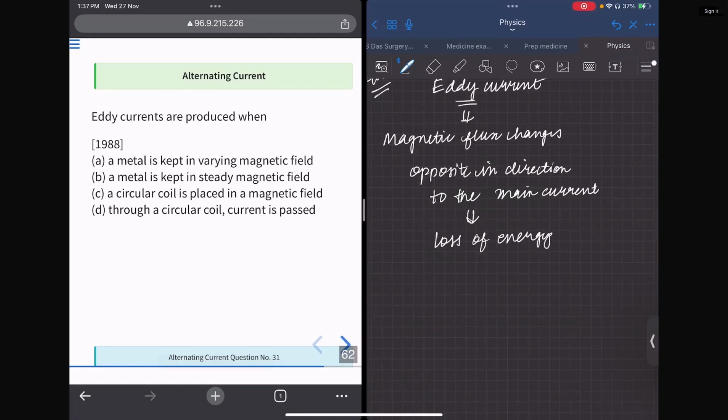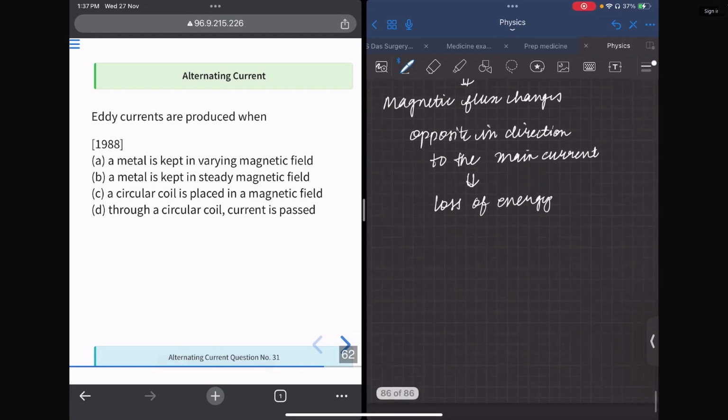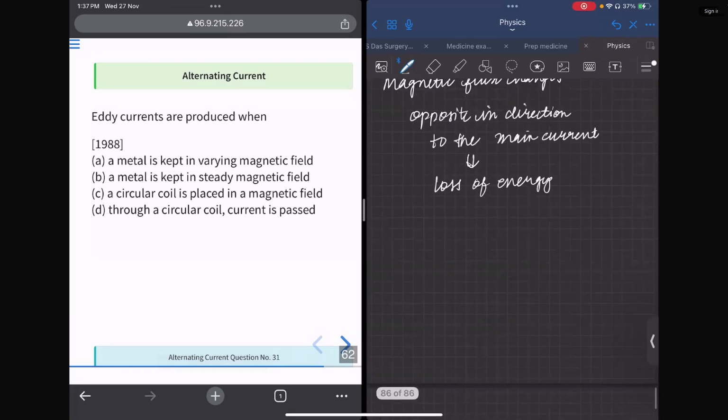So when is a magnetic flux change produced? It is produced when a metal is placed in a varying magnetic field.